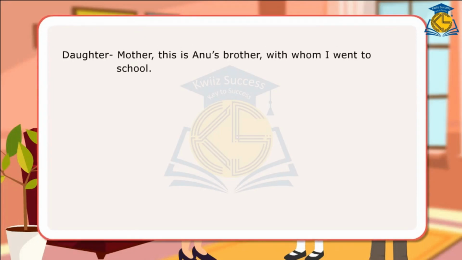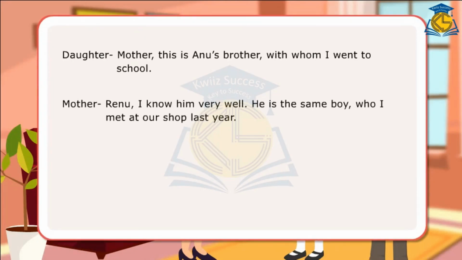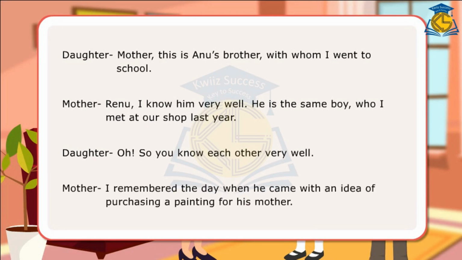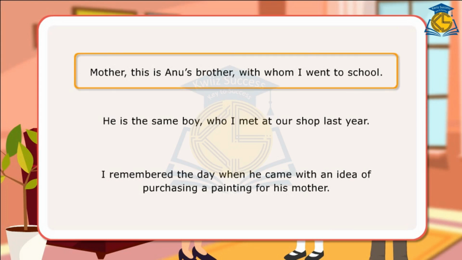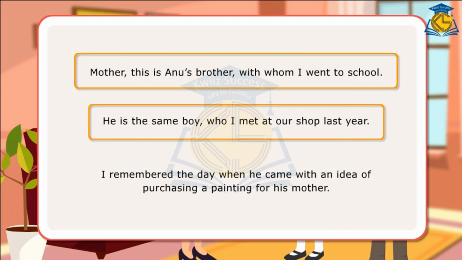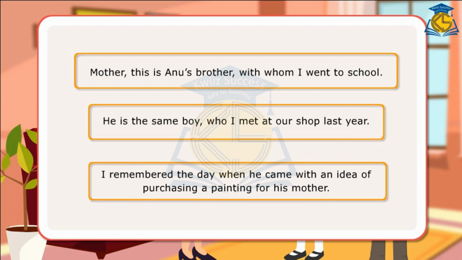In the conversation, we come across relative clauses being introduced by relative pronouns. Here are the sentences. Mother, this is Anu's brother with whom I went to school. He is the same boy who I met at our shop last year. I remember the day when he came with an idea of purchasing a painting for his mother.